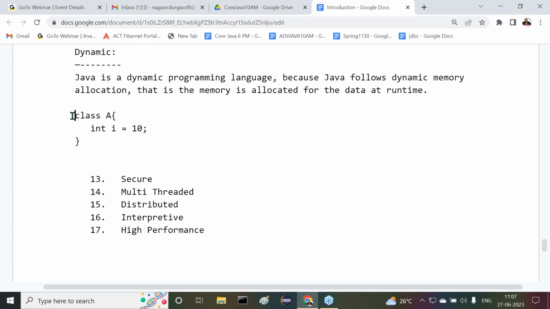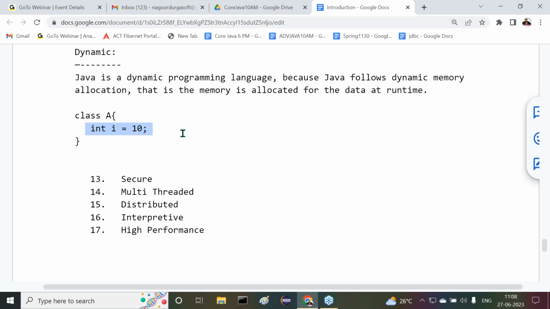In the C programming language this is not required; directly we can provide int i = 10. But in Java, every declaration we have to provide inside classes only. When memory is allocated for this i variable in Java, when we create an object for the class A, automatically memory will be allocated for the i variable.